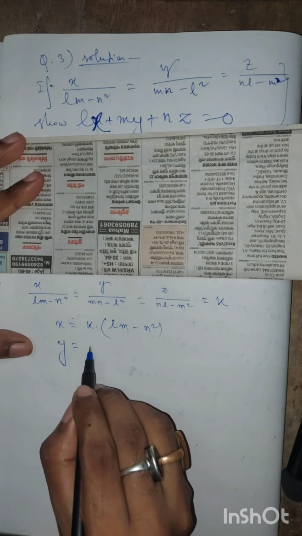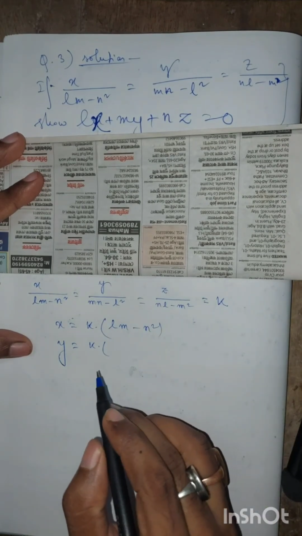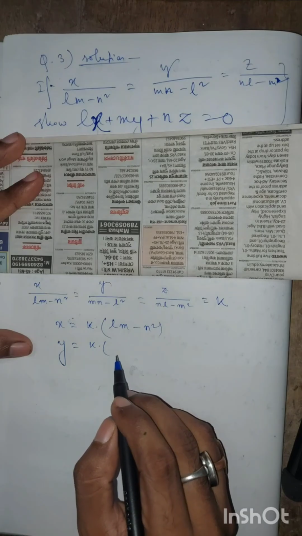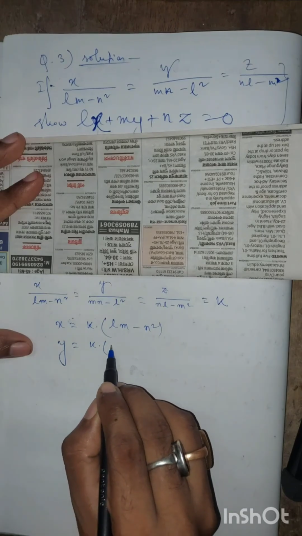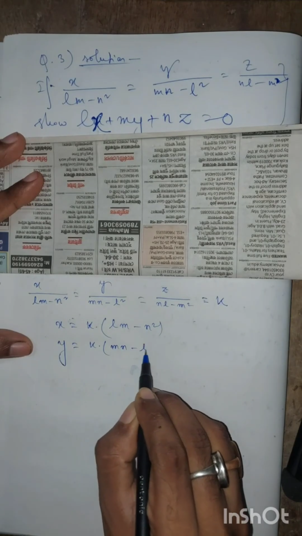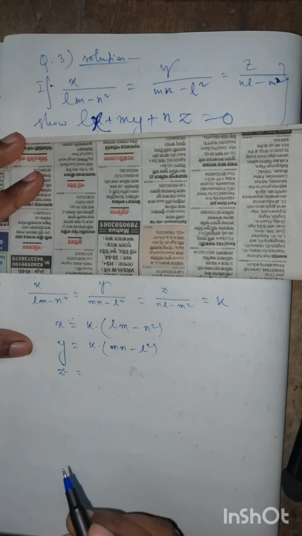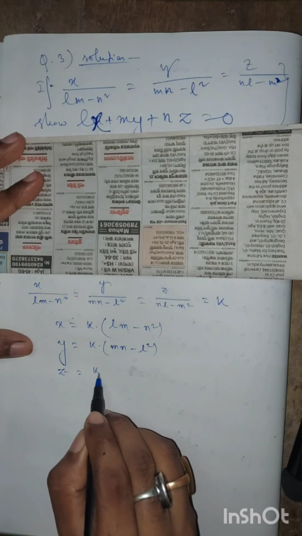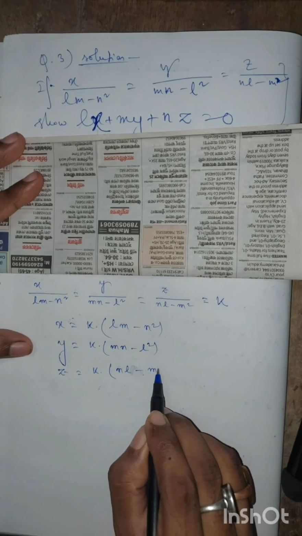y is equal to, from the second relation we can say, y is equal to k into mn minus l square, and z is equal to k into nl minus m square.